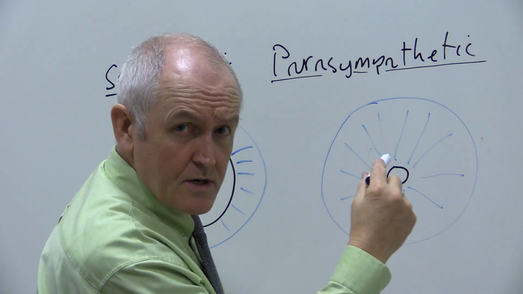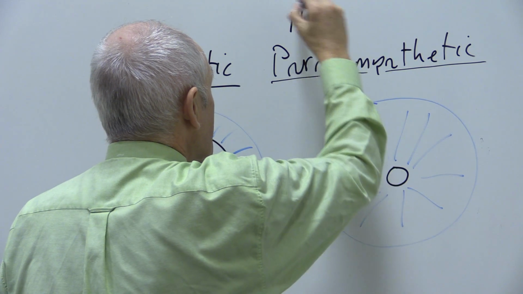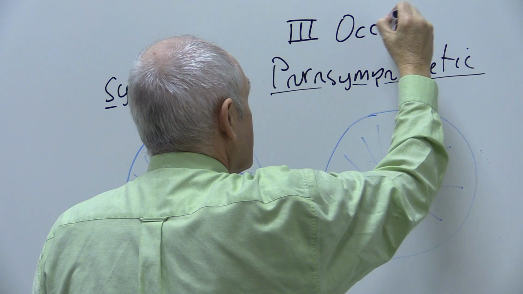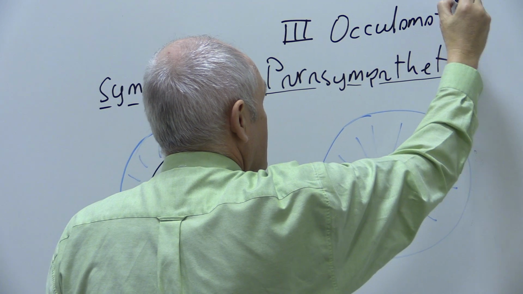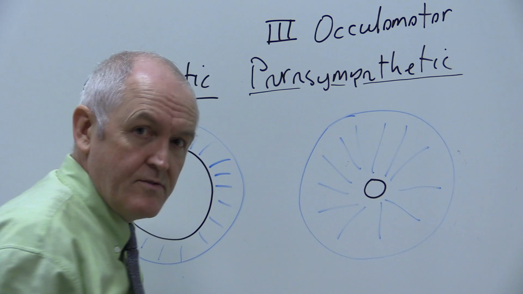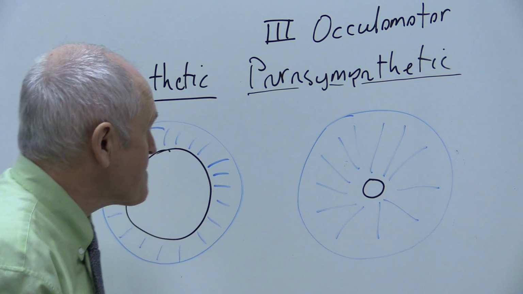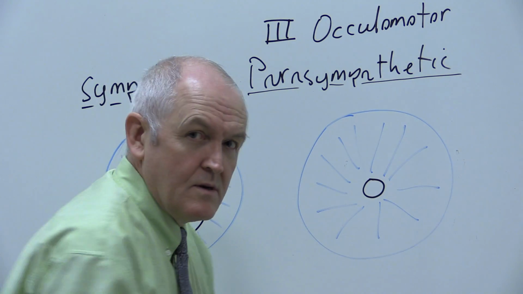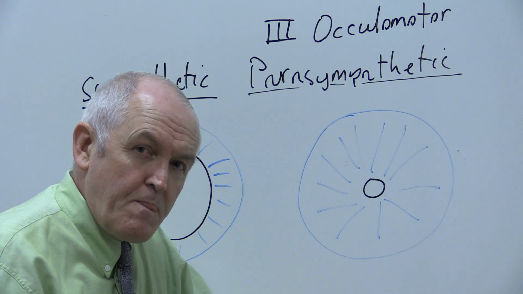Do you remember it was the third cranial nerve? The oculomotor nerve. The oculomotor nerve was responsible for that. So parasympathetic activity via the oculomotor nerve will constrict the pupil.